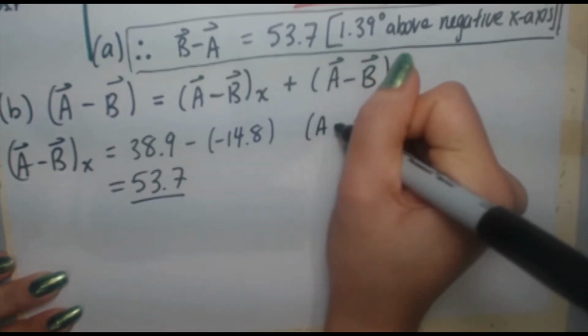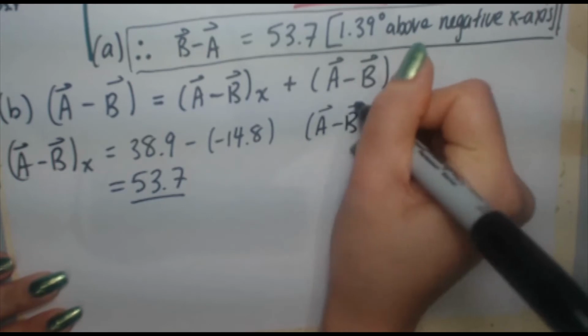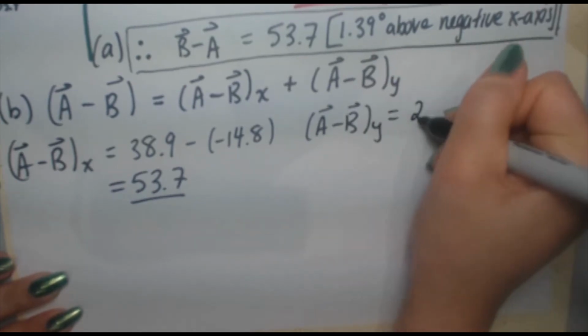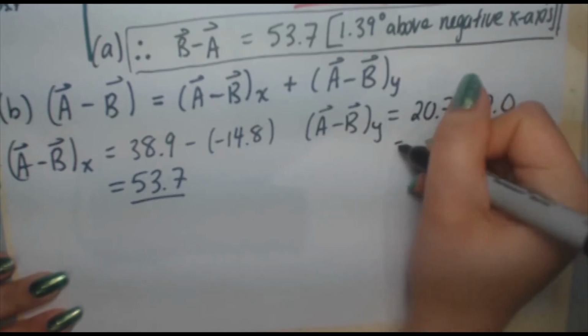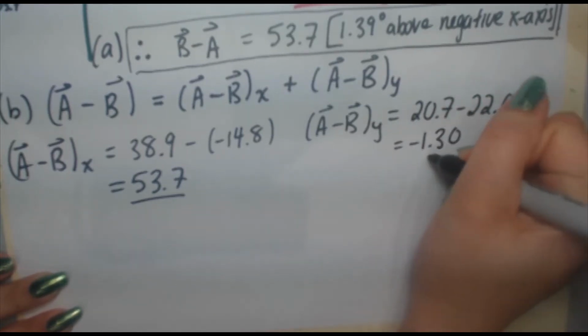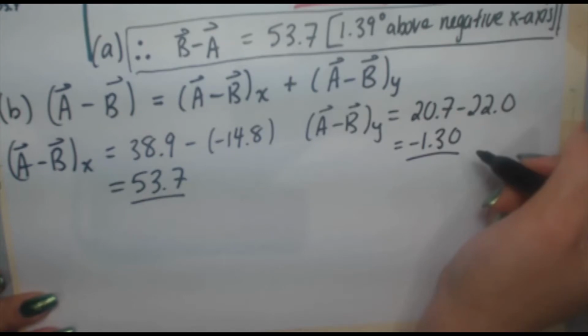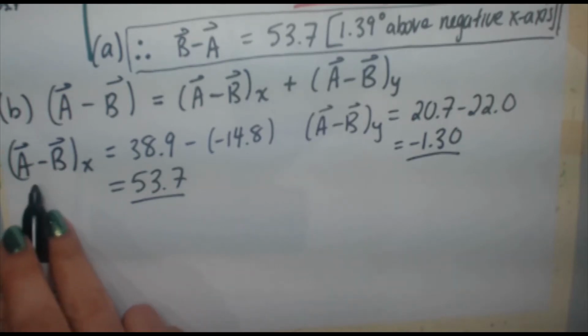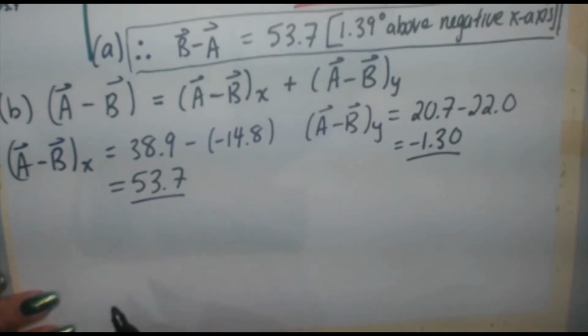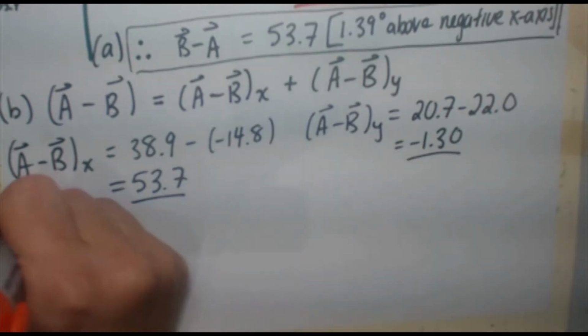And when you do A minus B in the y direction, 20.7 minus 22.0 equals negative 1.30. You're probably starting to notice that those numbers look very similar, except the signs are switched. And that's exactly what it should be, because after all, instead of B minus A, you're doing A minus B. So following suit, we are going to determine the magnitude first.